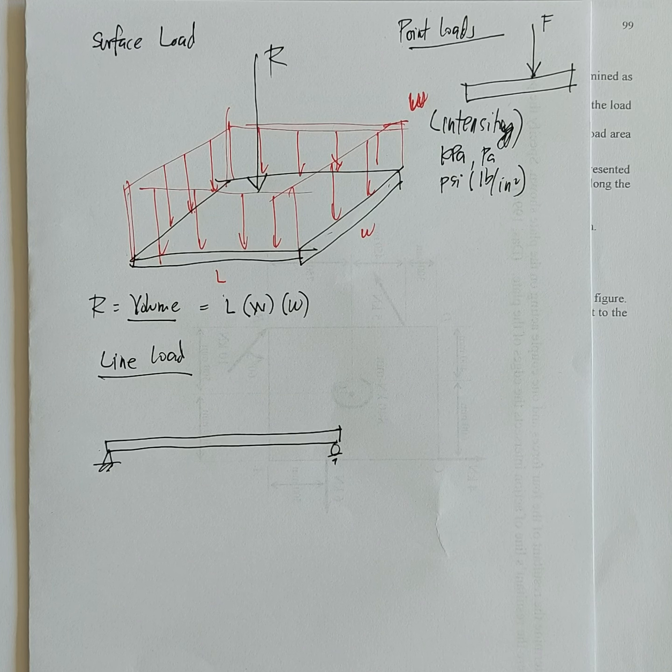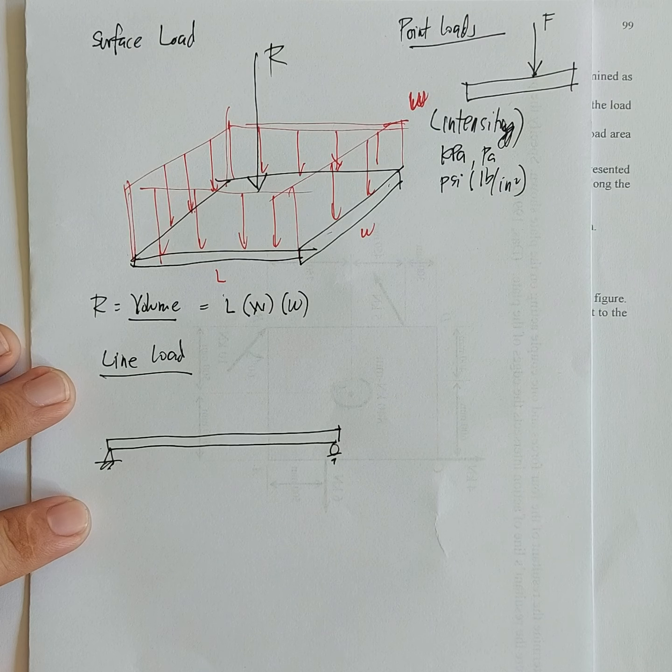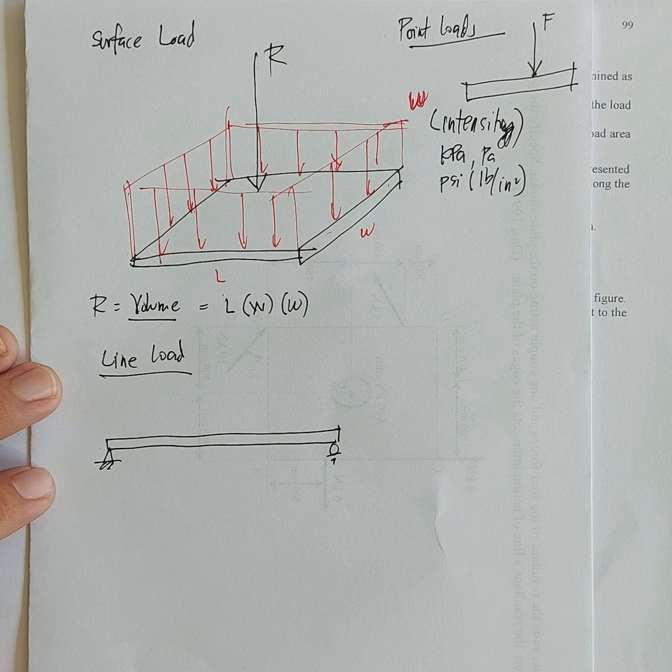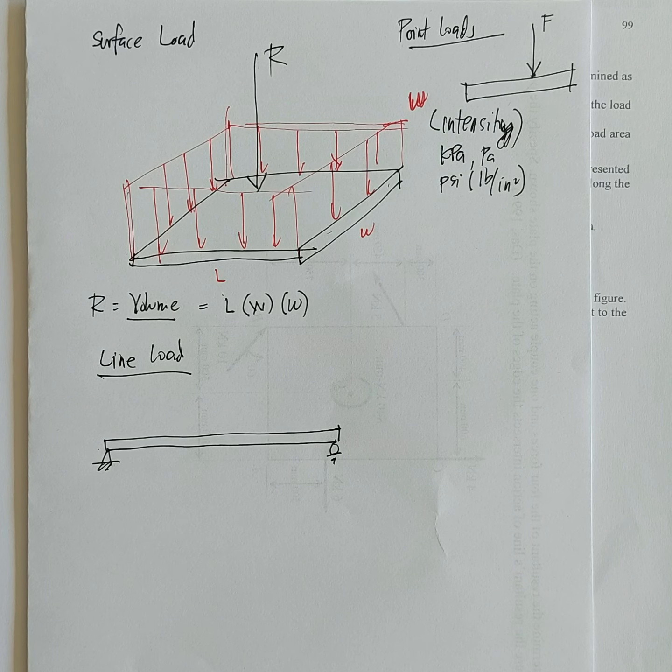Okay. So, example ng line load natin, yung mga beams usually carries yung wall. Yung wall na pwedeng hollow blocks, pwedeng wooden wall. Okay, so pwedeng masonry.